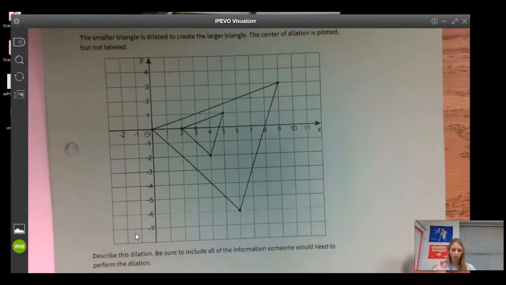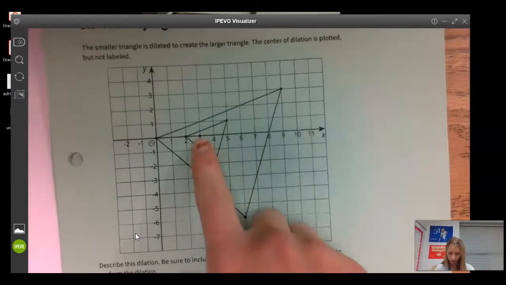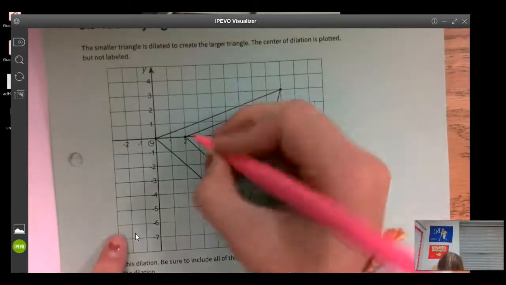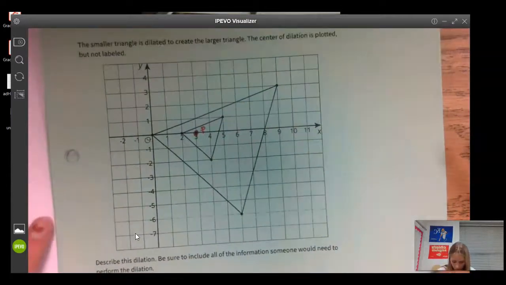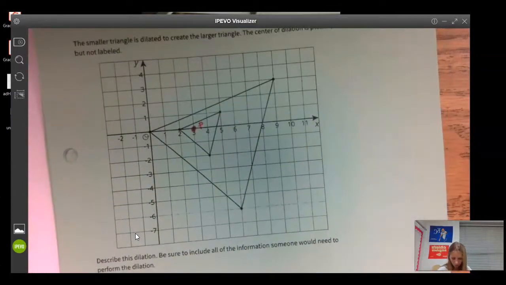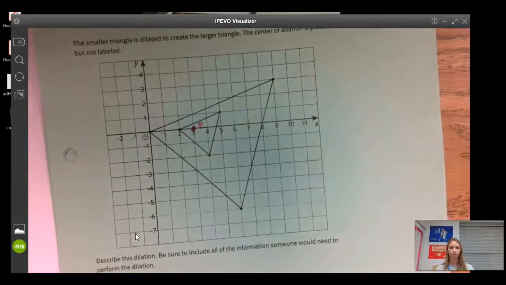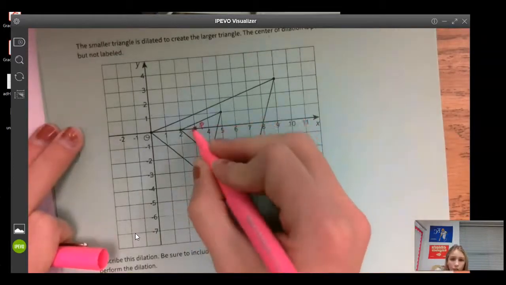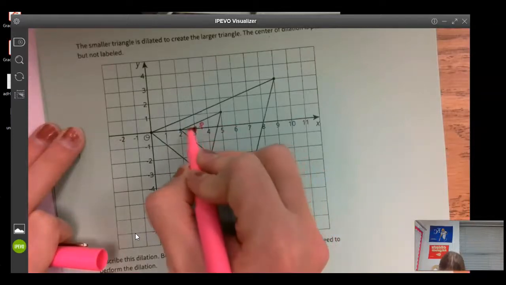Okay, so we need to create a dilation. Here's the center, so we can call that P, okay? And then we need to describe this dilation. It goes from the smaller triangle to the bigger triangle, so that means our scale factor is going to be greater than 1. So we're going to start here and find our original distances so we can then know what our scale factor is.